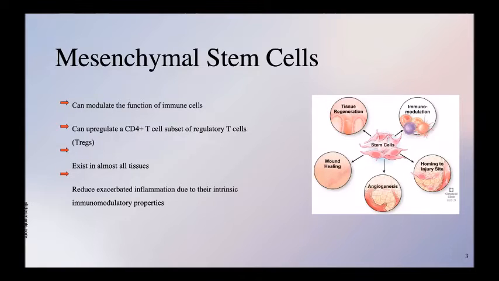It has been well established that the depletion of Treg cells and imbalance of Treg to T effector cells play a key role in the pathogenesis of Crohn's disease. Therefore, mesenchymal stem cells' ability to upregulate Treg cells, migrate to sites of inflammation, and dampen immune responses underscores the escalated interest in using mesenchymal stem cells to treat Crohn's disease.